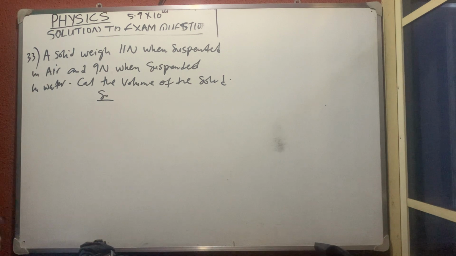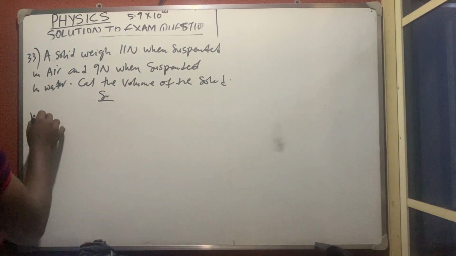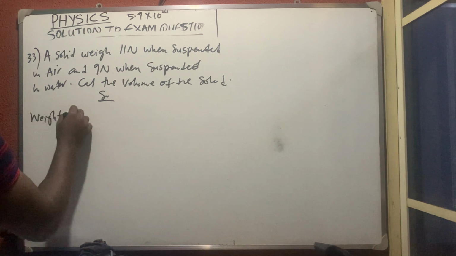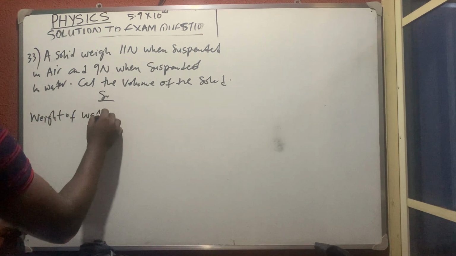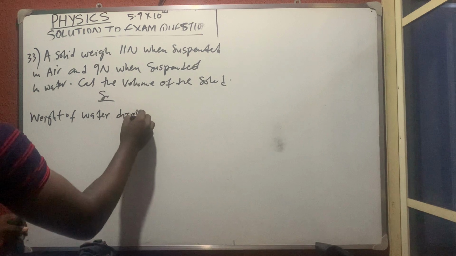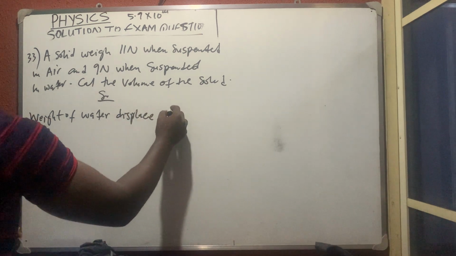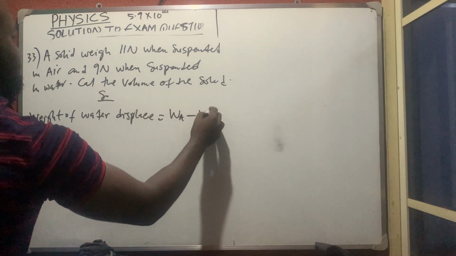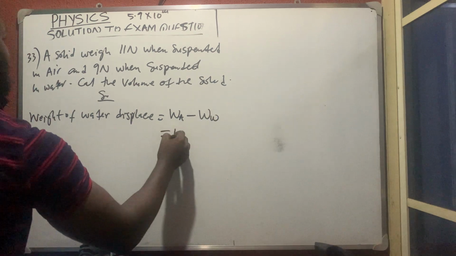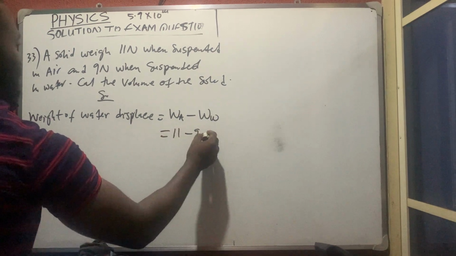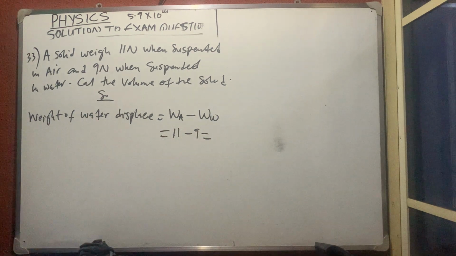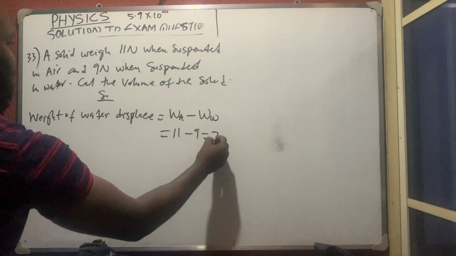Question number 33 is very simple. We know that the weight of water displaced is equal to the weight in air minus the weight in water, which is 11 minus 9, giving 2 Newton.